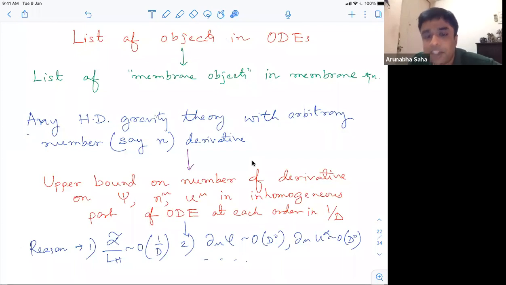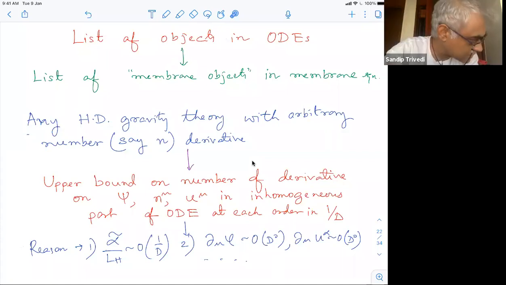Gravity theory can contain any number of derivatives, but the point is that this doesn't allow for any number of derivatives in the membrane theory. In the membrane theory, there is a finite cutoff for the maximum number of derivatives. That's what I was trying to understand. Your underlying Einstein theory allows any number of derivatives. Yes. And you're saying that in spite of that, only a finite number of derivatives will appear. Yes. I am not sure what the reason is now.